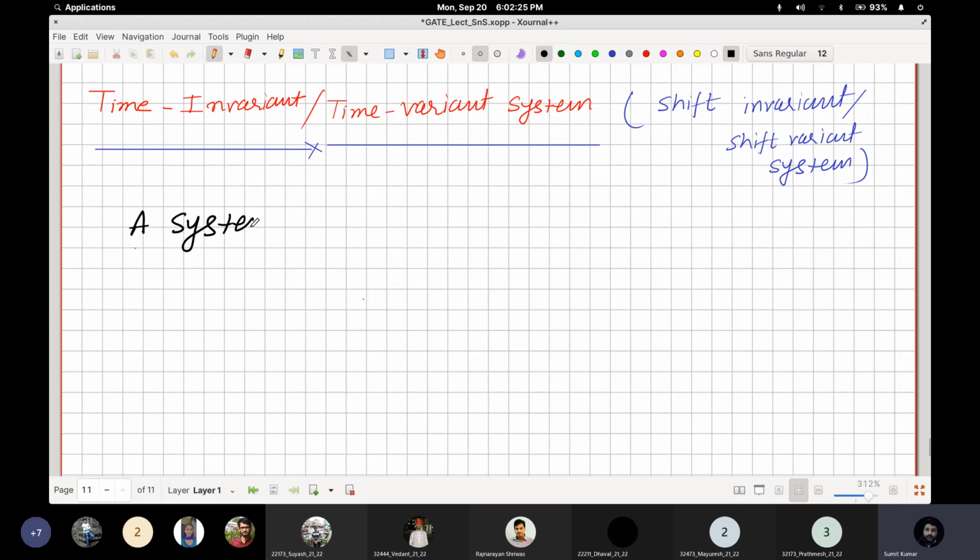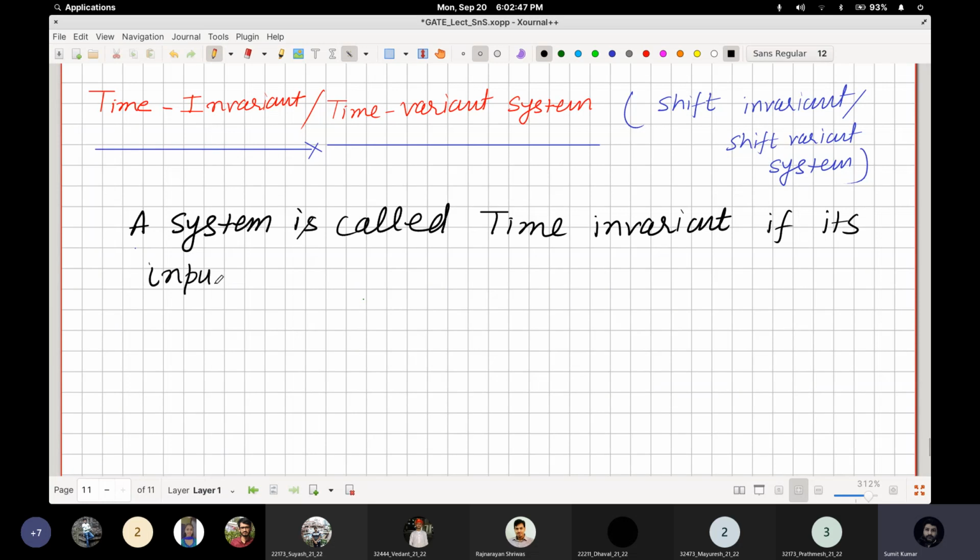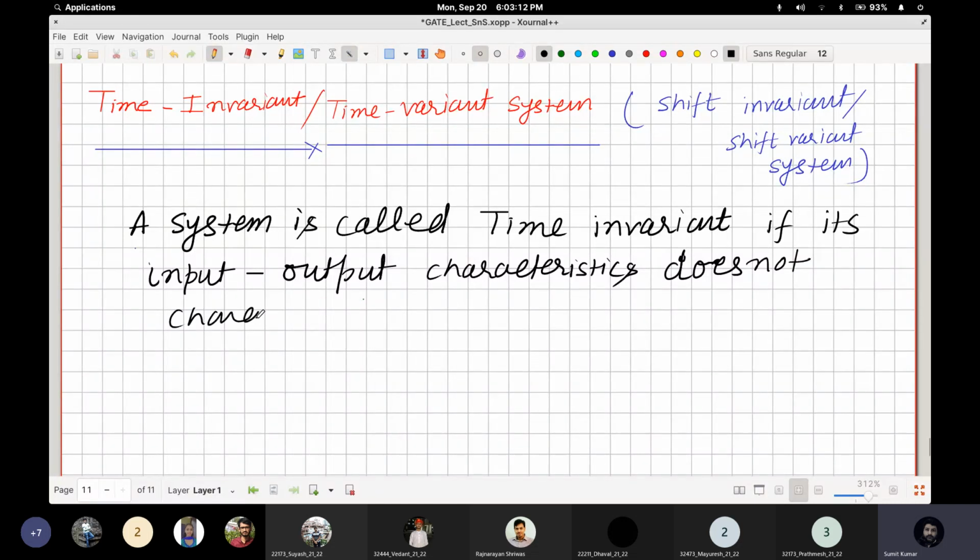A system is called time invariant if its input output characteristics do not change with time.